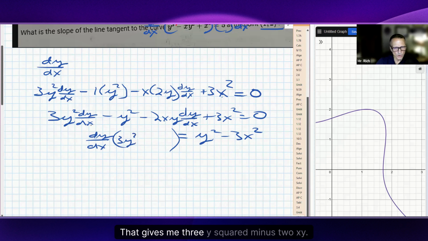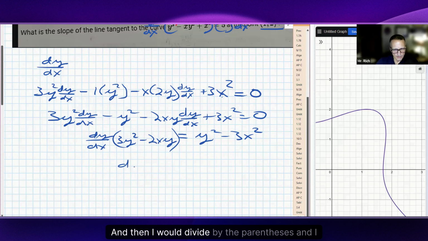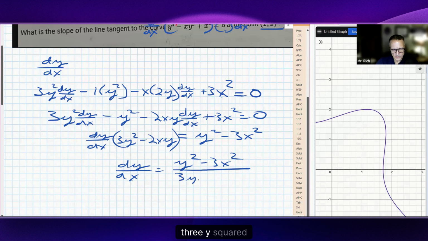That gives me 3y squared minus 2xy. And then I would divide by the parentheses, and I would get y squared minus 3x squared all over 3y squared minus 2 times x times y, like that.